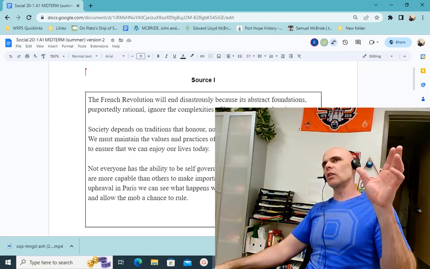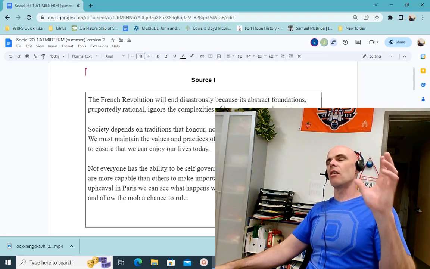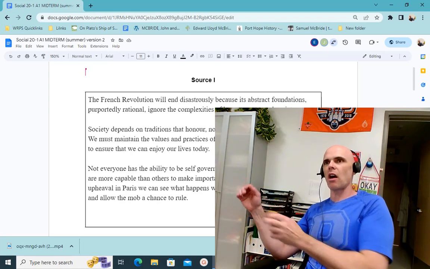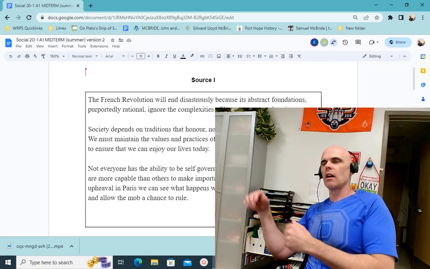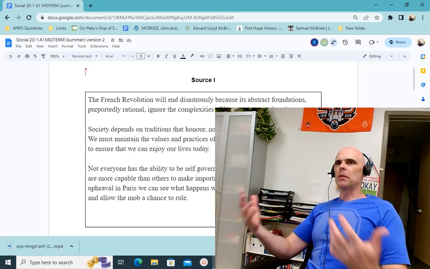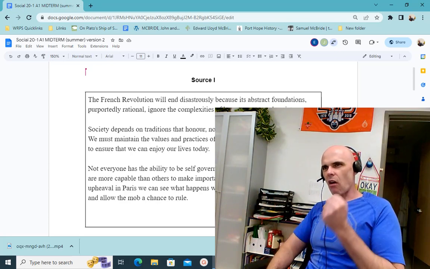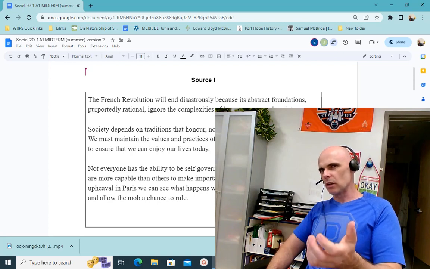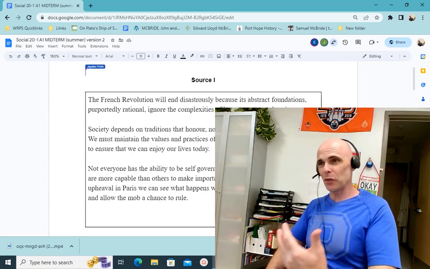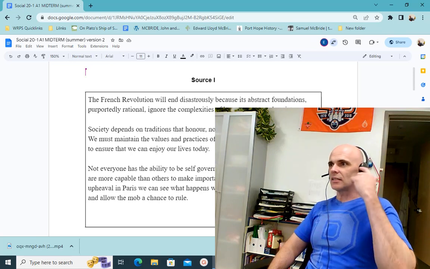That Locke is one of the philosophers that may inspire a shift towards a democracy, a shift towards more liberty, the idea that the will of the people is the foundation of a legitimate government. But Burke is saying, are the people able to express their will? And should we follow the will of all people? Maybe some people's will isn't as clear.